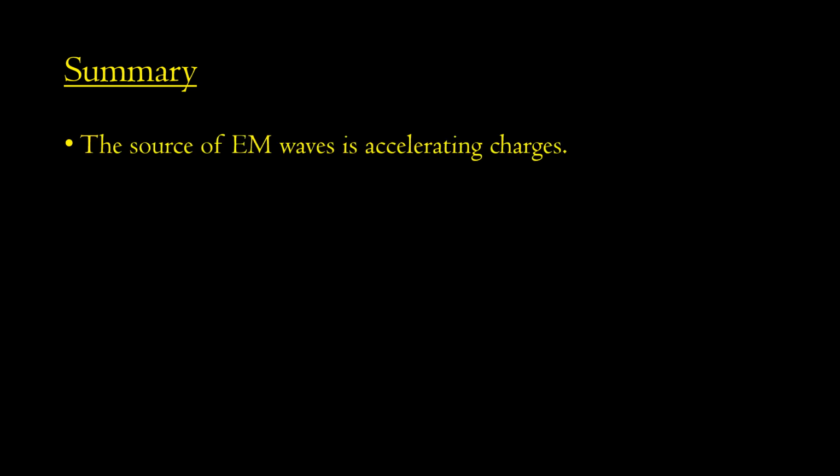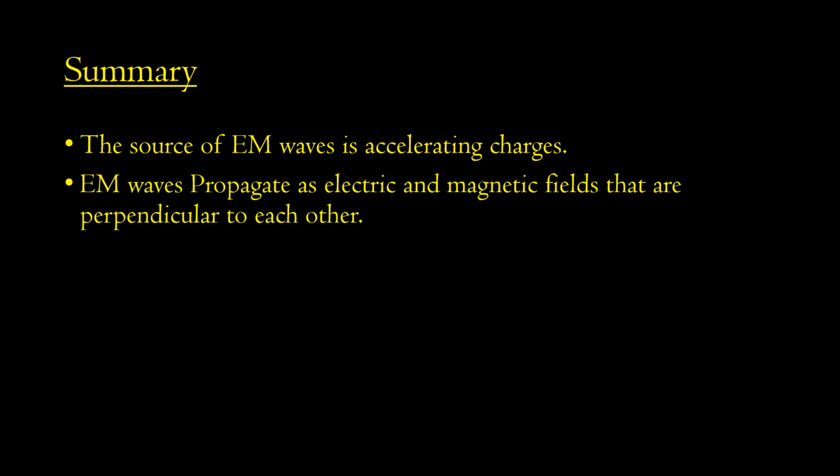We have come to the end, and we've learned a lot in this lesson. We've learned that electromagnetic waves come from accelerating charges, and that when electromagnetic waves propagate, they do so as an electric field and a magnetic field, which are perpendicular to each other.